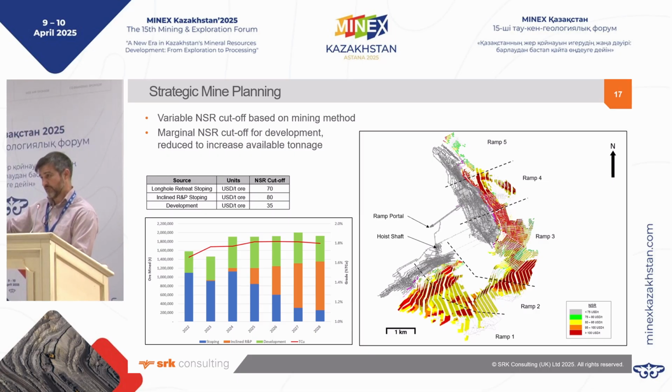They have their own individual NSR formulas based on the process recovery and the final saleable products, and we're able to run them standalone, not all together, and see how they stand up against each other. Sometimes with the full burden, what happens if you were just to run that individual deposit, what's its production rate potential, and how does that compare against each of the other areas or zones?